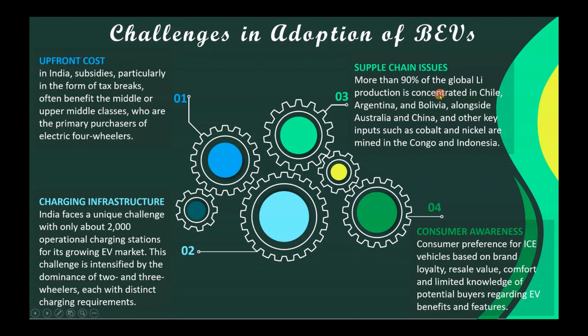Not only lithium is used for the construction of the electric battery. Other elements like cobalt and nickel, which are mined in Congo and Indonesia, are also used. Obviously these are limited in resources, and a lot of issues, a lot of international relations concepts come into the picture.